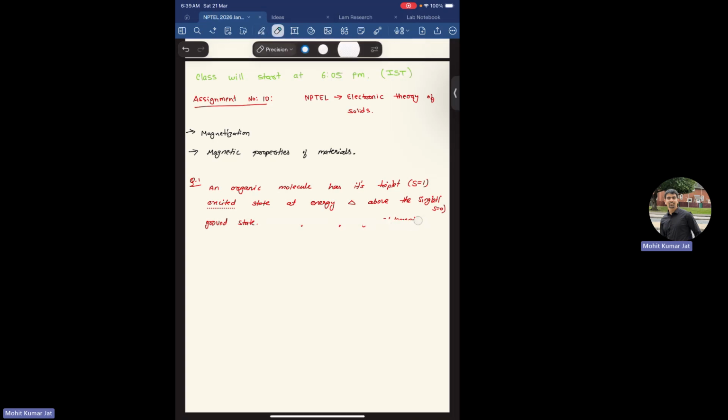What will be the magnetic susceptibility chi when kBT is larger than delta, the energy scales, and kBT is also larger than mu B, the splitting part.